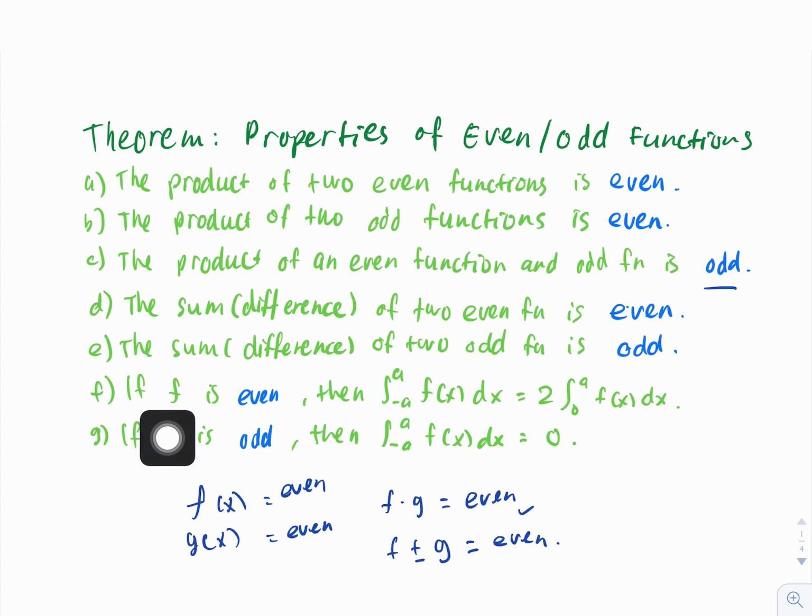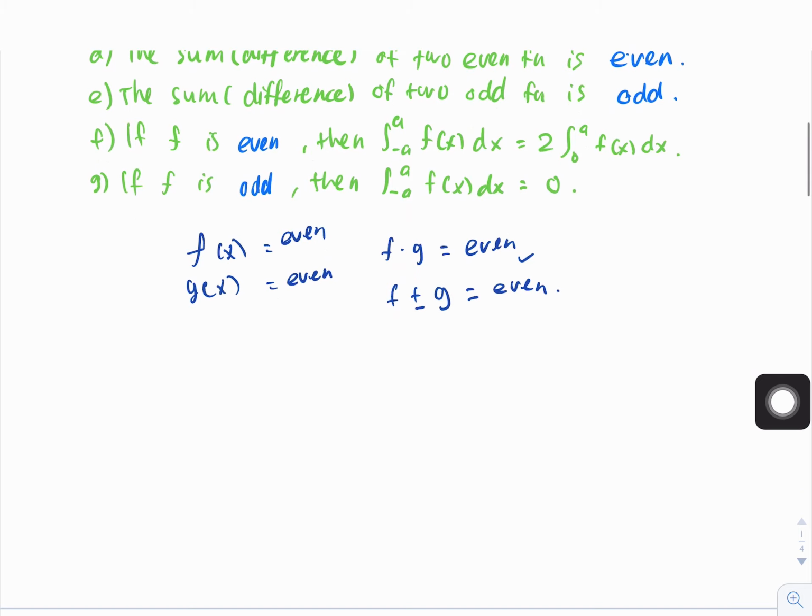According to this theorem, if f is even, then the integration of f(x) from negative a to a is equal to 2 multiplied by the integration of f(x) from 0 to a. This is because, let's say our f(x) is x squared.